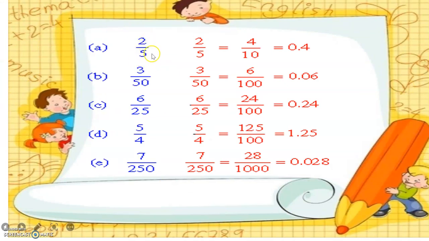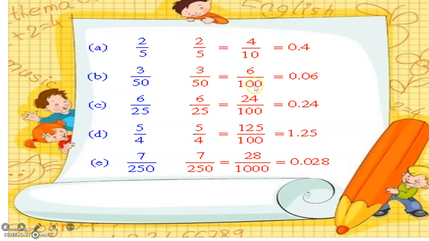So we have examples here. 2 over 5: to make it 10, you multiply by 2, right? 5 times 2 equals 10, and 2 times 2 equals 4. That's why it's 0.4. With 10, only 1 decimal place. 3 over 50: to make it 100, you multiply by 2. 3 times 2 equals 6, and 50 times 2 equals 100.